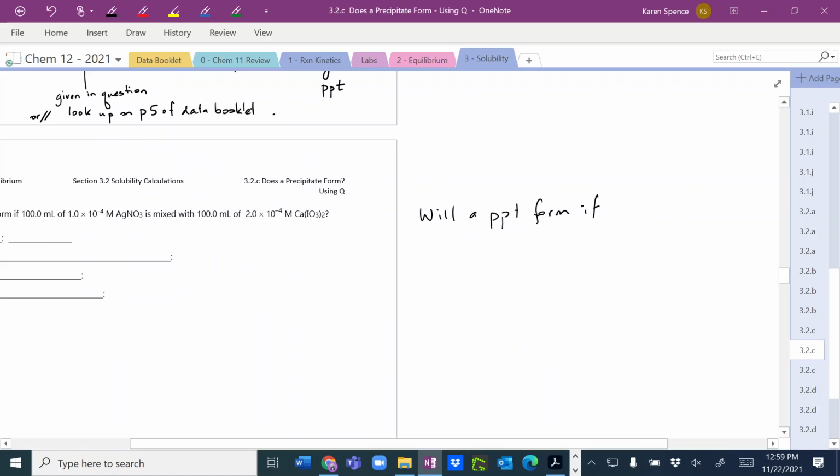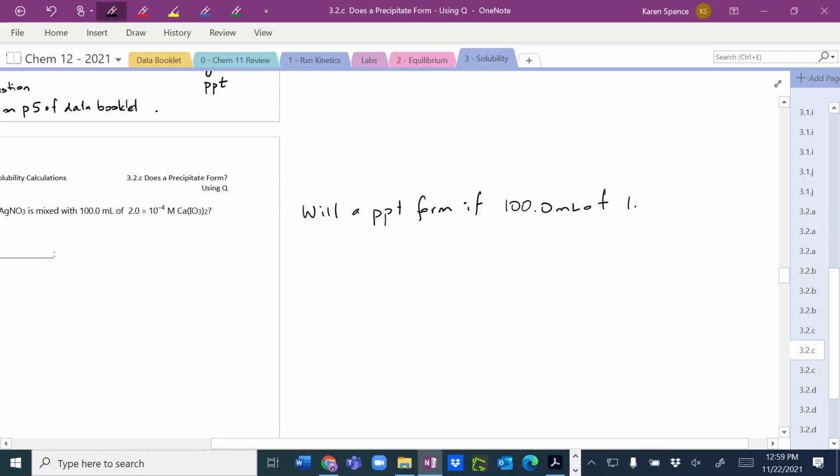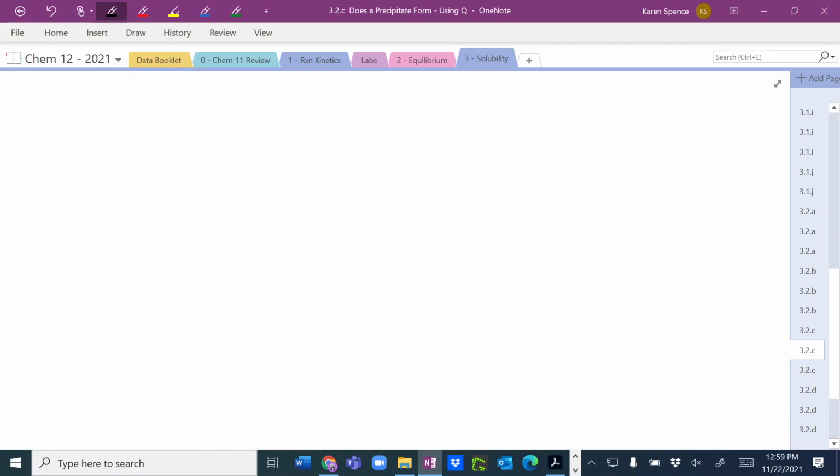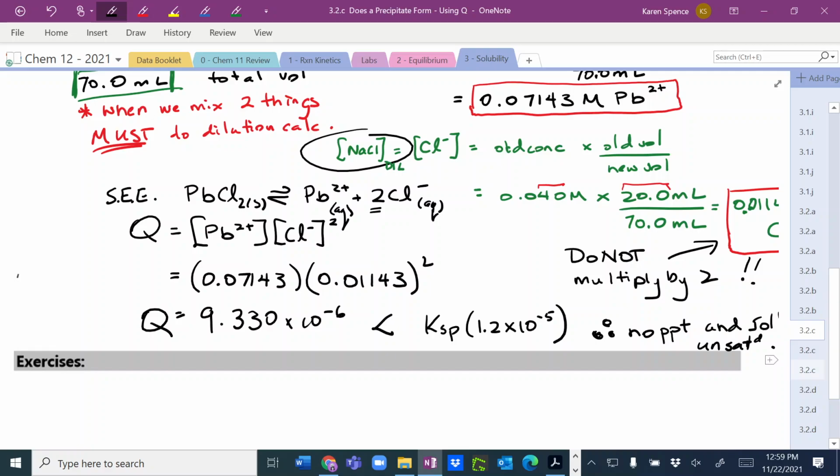If 100 milliliters of 1 times 10 to the negative 4 molar AgNO3. What page is this on? Let's see. Sorry? 65. We are on page 65.